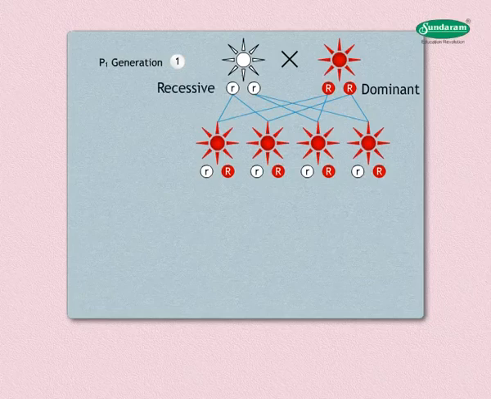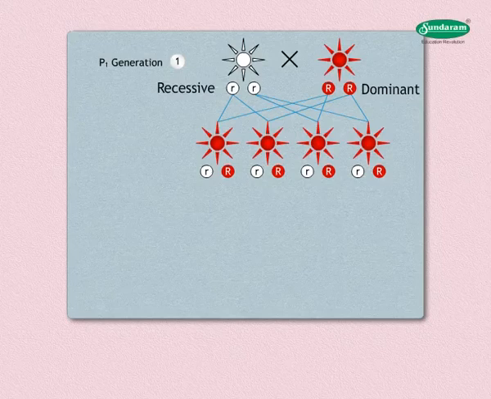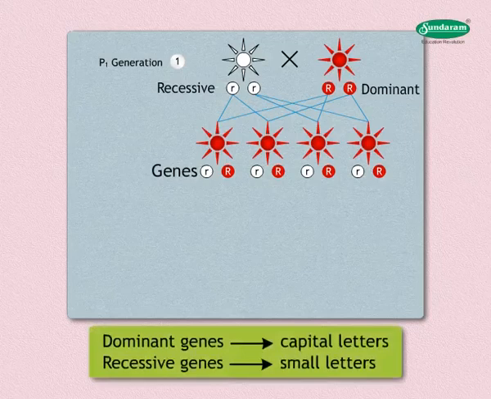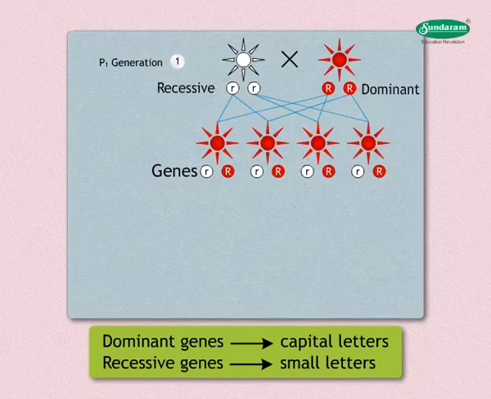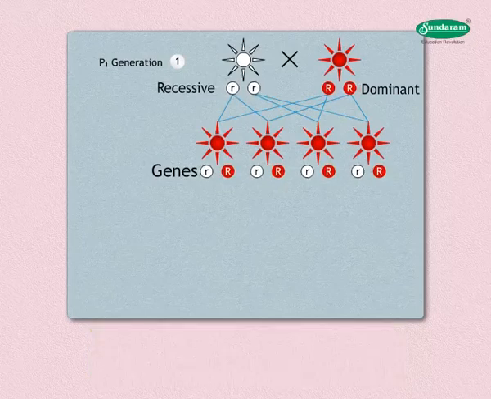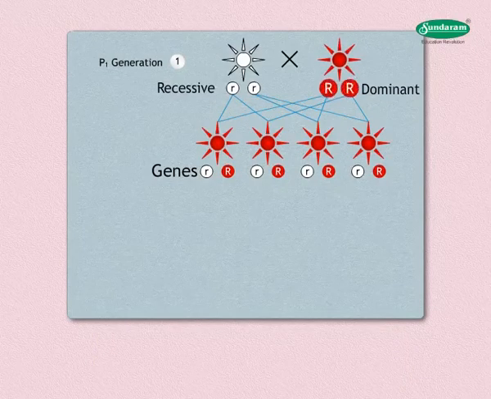Mendel stated that the factors responsible for these traits were present in pairs. Today we call these factors genes. Dominant genes are represented by capital letters and recessive genes are represented by small letters. As the genes occur in pairs, those for red flowers are written as RR and those for white flowers as rr.